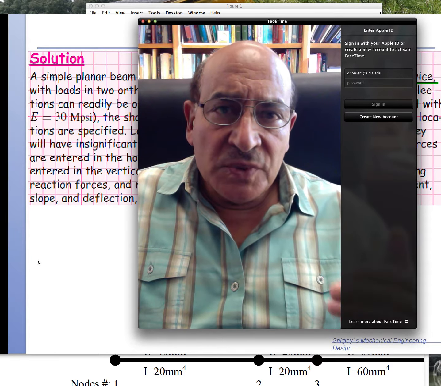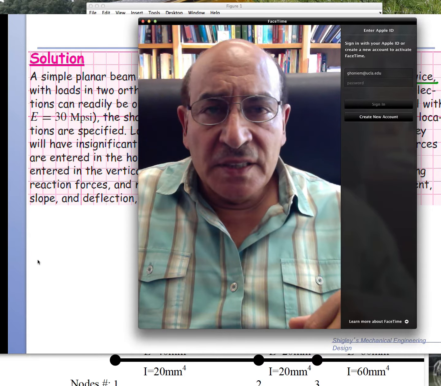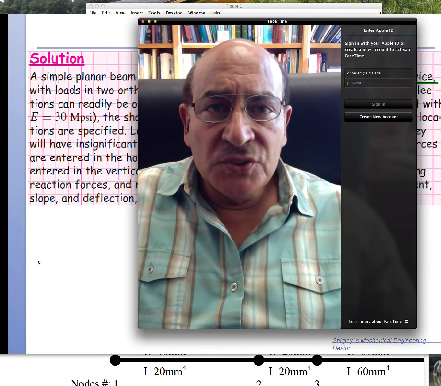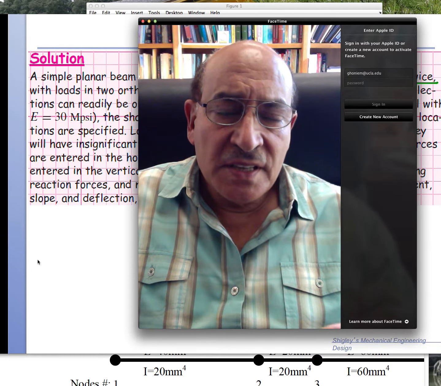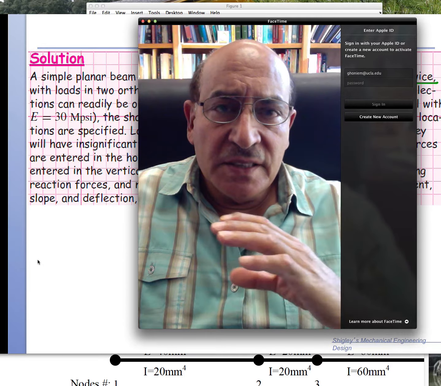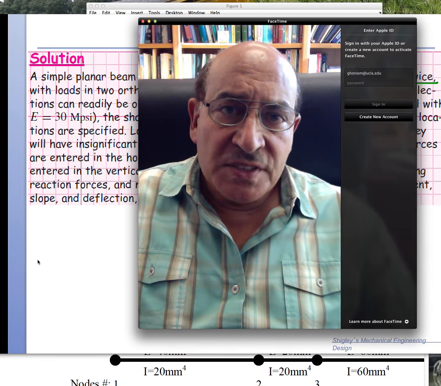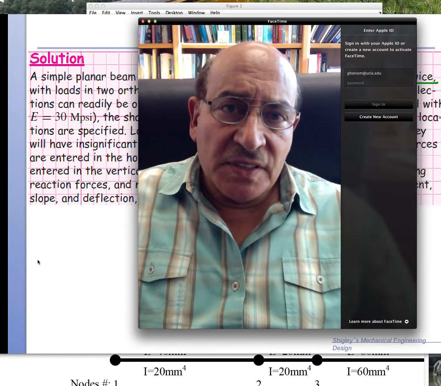Then we would say that M over EI is equal to the second derivative of the deflection, and do a double integration. Now the problem is, in this shaft, the moment of area I is changing and the diameter is changing from position to position, so the hand integration becomes a little bit difficult.